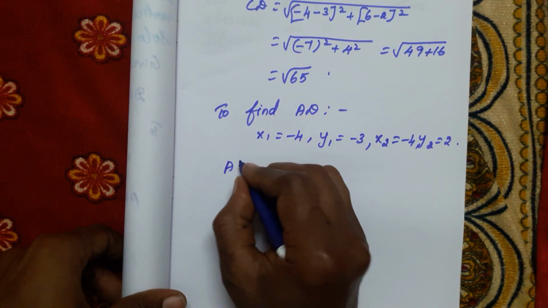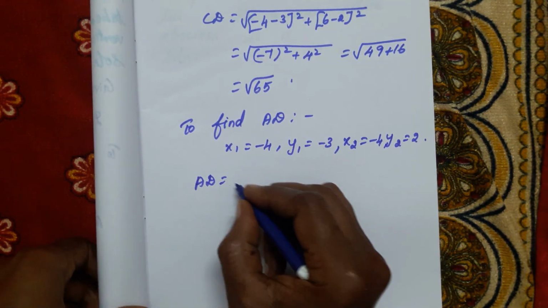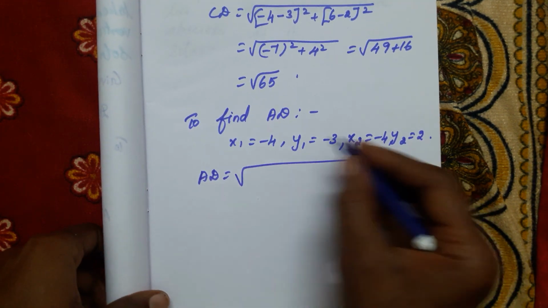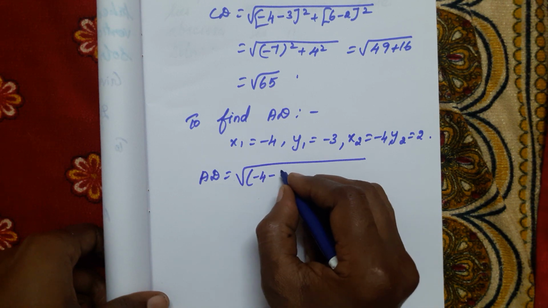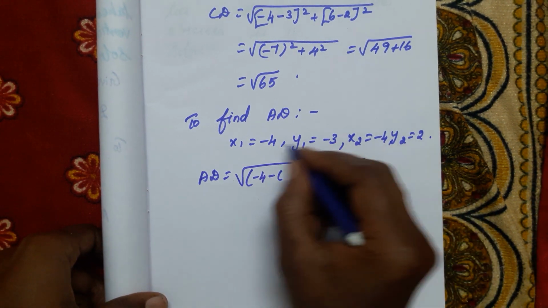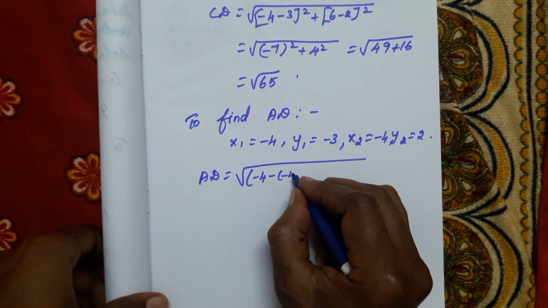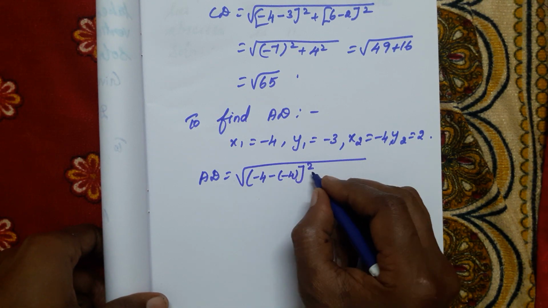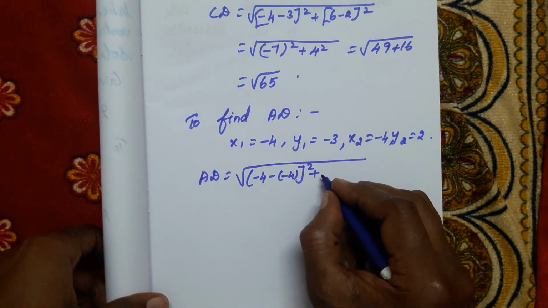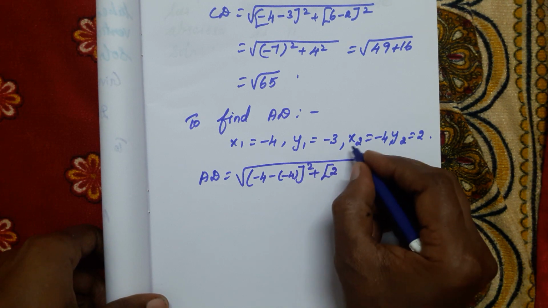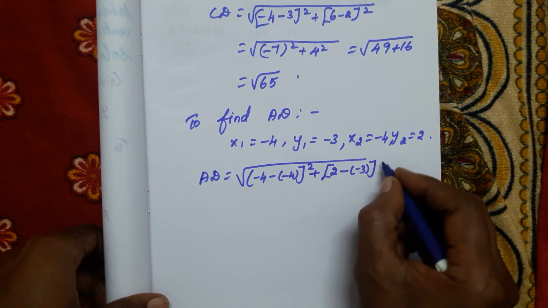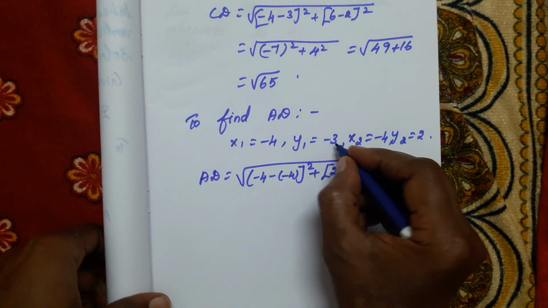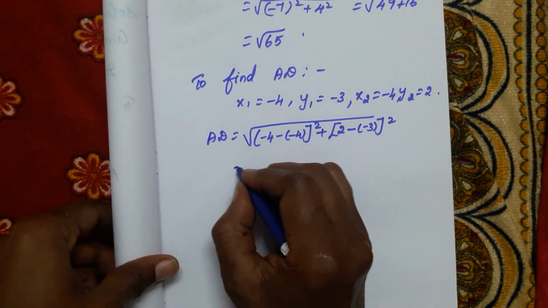So AD is equal to root of (x2 minus x1) the whole square, (-4 minus -4) the whole square, plus (y2 minus y1) the whole square, (2 minus -3) the whole square.